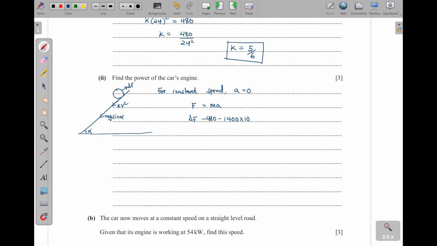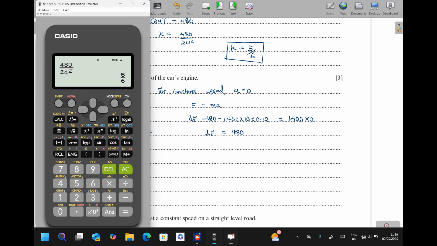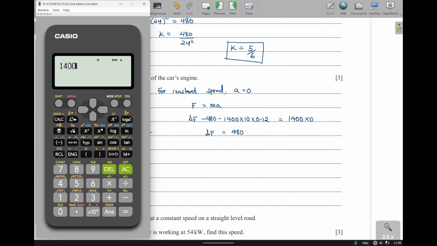So 0.12, then this is equivalent to 1400, okay? Of course, times 0. That is 0, acceleration is 0. So meaning the driving force is going to be equal to 480, okay? Then when we get 1400 times 10, then times 0.12, that one gives us 1680.